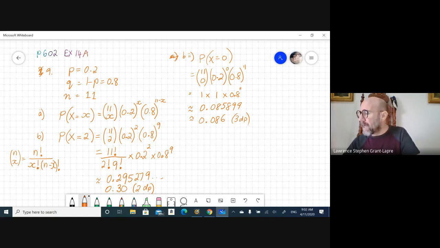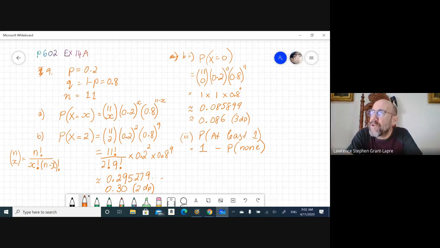At least one left-hander. Okay, part 3. The probability of at least 1. Now, at least 1 means 1 minus the probability of none. You see, we could calculate the probabilities of 1 plus 2 plus 3 plus 4 all the way up to 11. The only one missing is 0. So if we work out the probability of 0, take it away from 1, and we will have our answer.